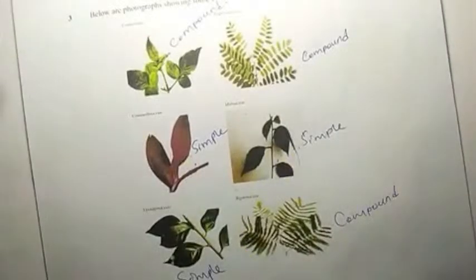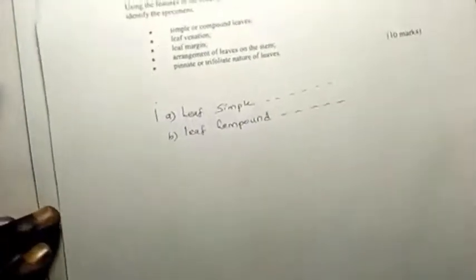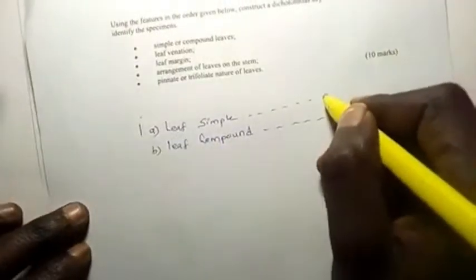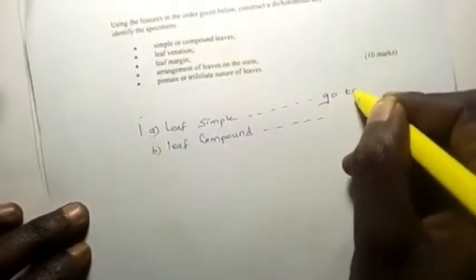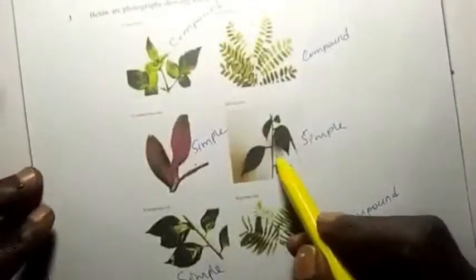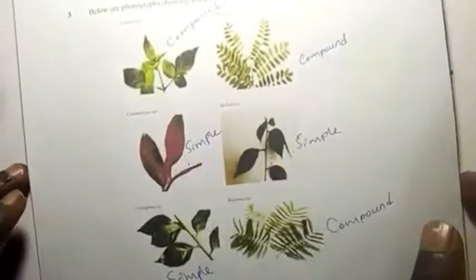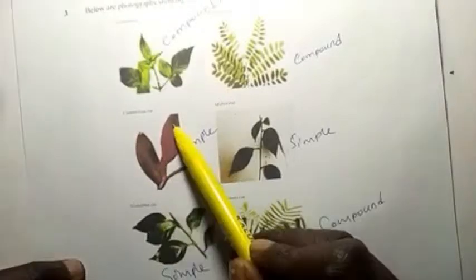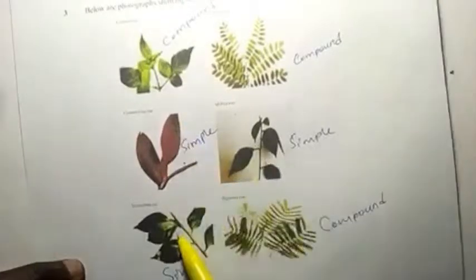Now you will say here, because there are many, you write go to 2, and then you go to 2A. Now you look at how you can differentiate the features. Now I can see parallel veined leaf, network veined leaves.